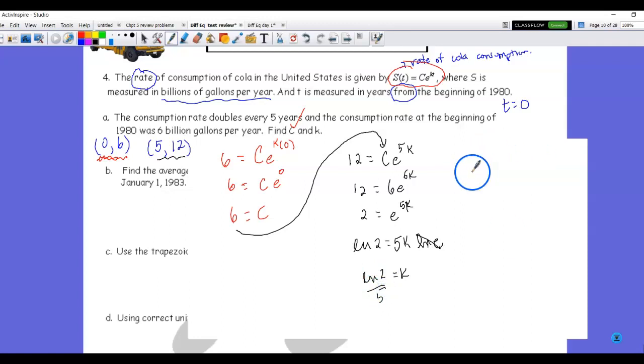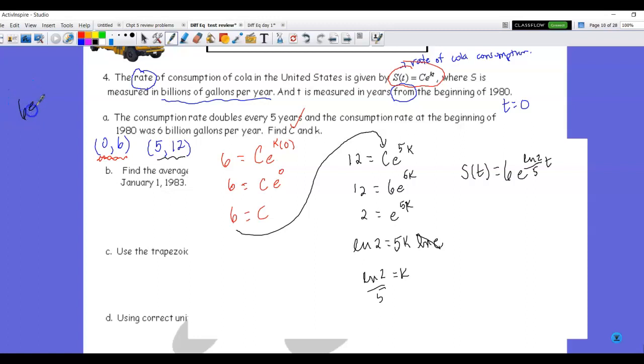So my equation is S of t is equal to 6, which is the initial condition, times E to the (ln of 2 over 5) times t. All right, so that takes care of finding C and K. We'll probably need that, so I'm going to write it over here, because I'm going to have to get rid of some of this work.